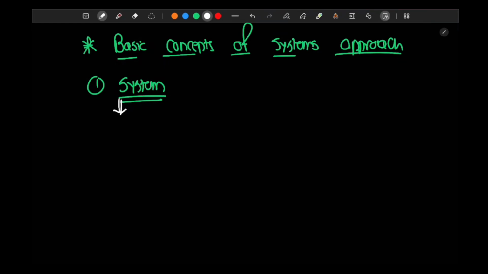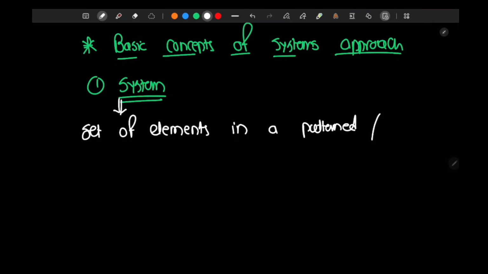So what is system? A system is a set of elements in a pattern or structured interaction. This is the system. It is a set of elements in a pattern or structured interaction.